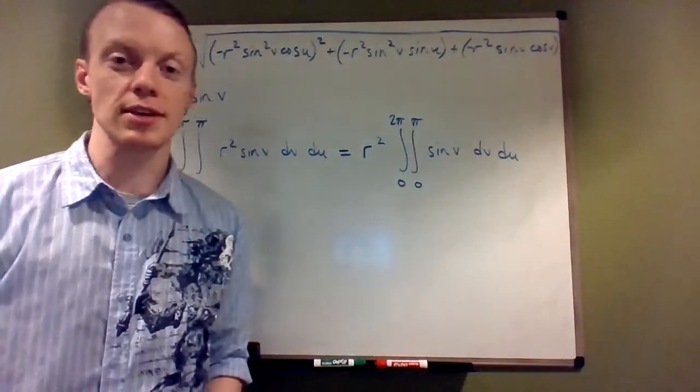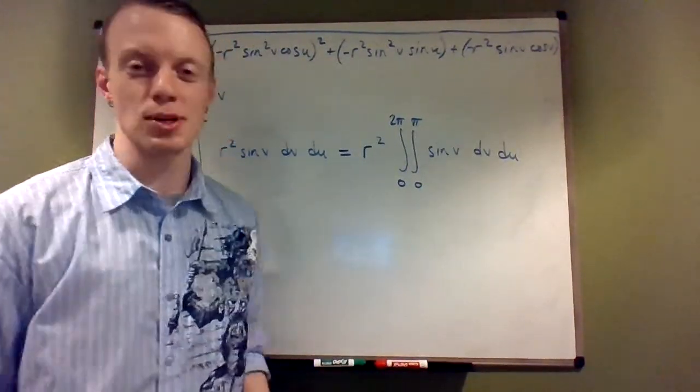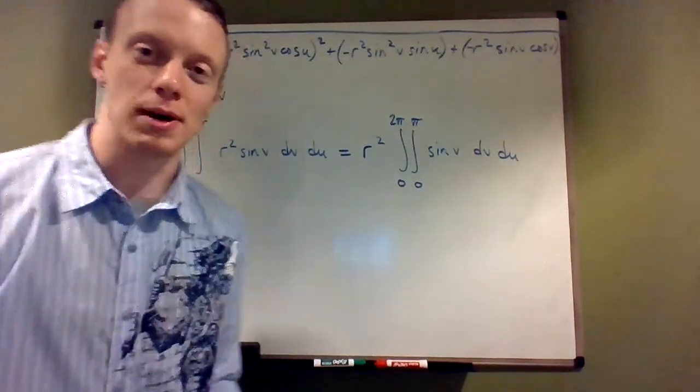So now we have to take the integral of sine of v dv. Well, this is just a basic Calc 1 type of integral. The integral of sine v is minus the cosine of v.